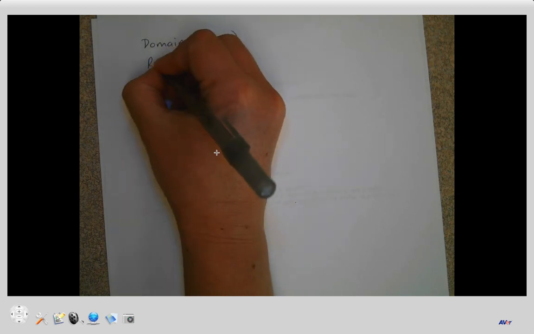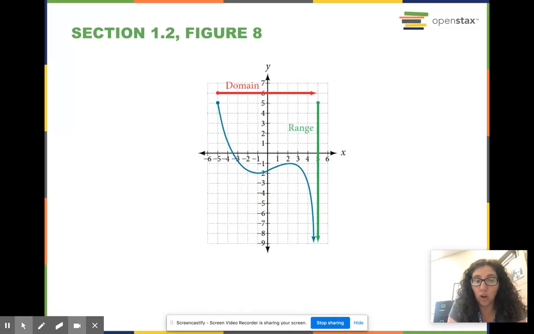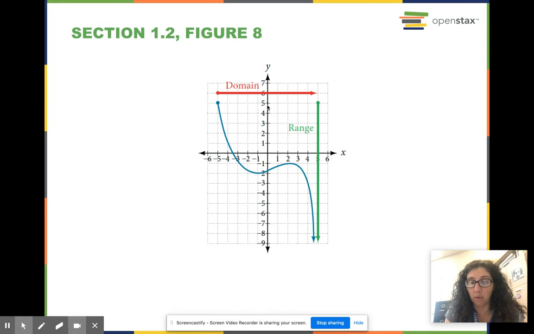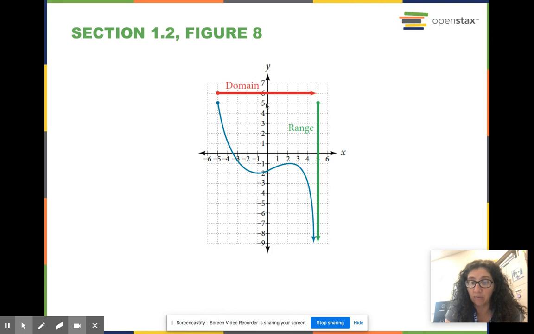How about the range? What's it going to look like? This is the kind of tricky part. For the range, we always go from the bottom of the y-axis up to the top. So at the bottom of the y-axis is going to be -infinity. We're going to go from -infinity up to 5.